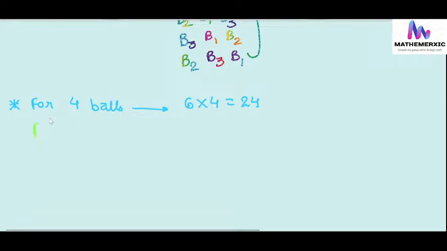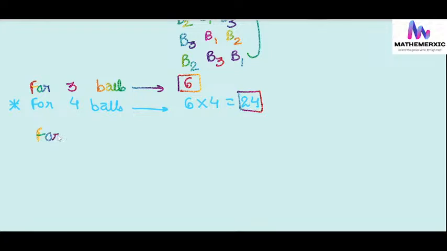For 5 balls, for 4 balls we have 24 possibilities. For 3 balls, we have 6 ways actually. For 4 balls, we have 24 possibilities.